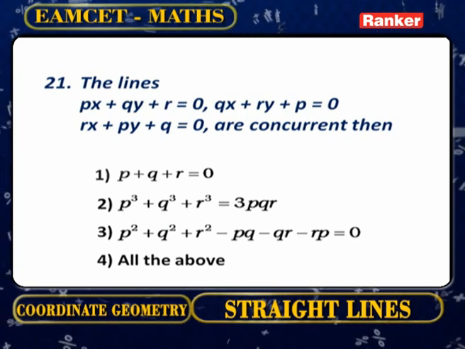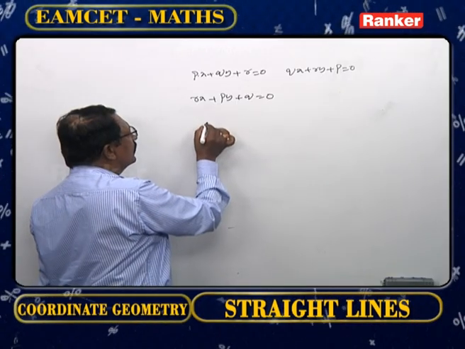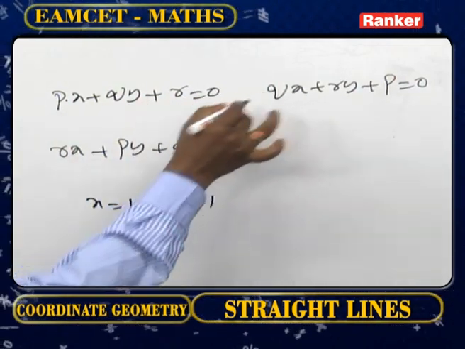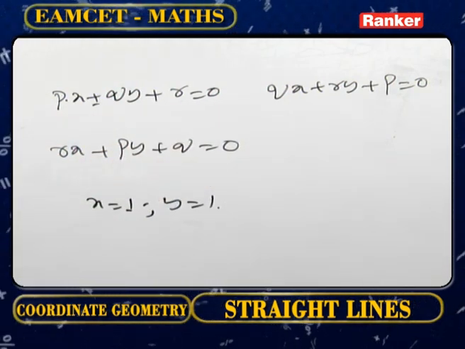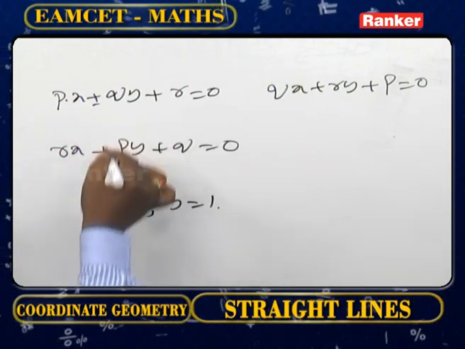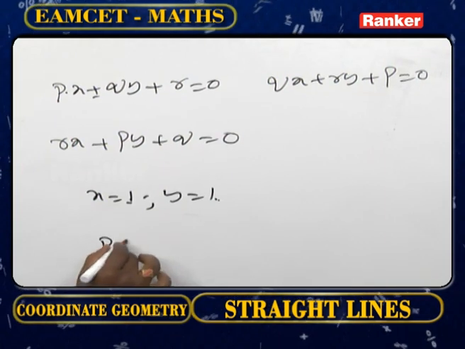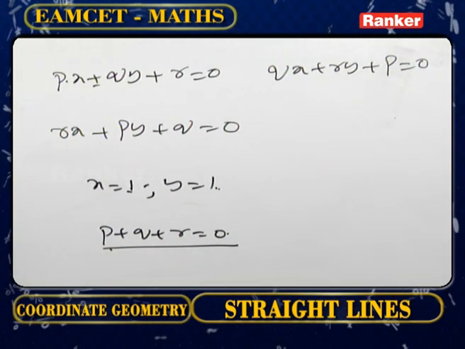Observe it: adding the three equations, we get 0 at x equals 1, y equals 1. The three equations are satisfied at x equals 1, y equals 1, so the three lines are concurrent. In that case, with x equals 1, y equals 1, we get p plus q plus r equals 0.